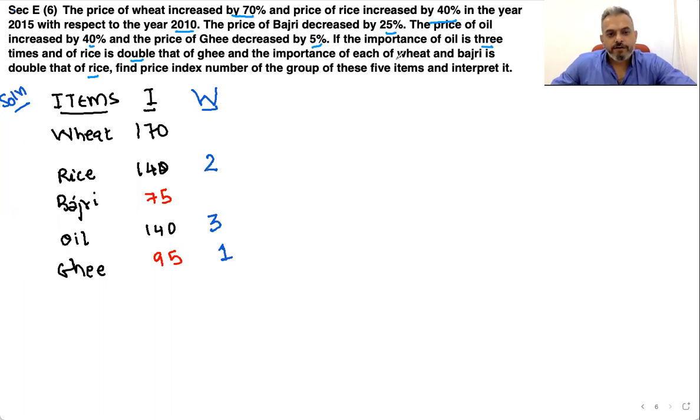The importance of each of wheat and bajri is double that of rice, so that is 4 and 4. So total 3 and 1 is 4, 4 and 4 is 8, 8 and 4 is 12 and 2 is 14.